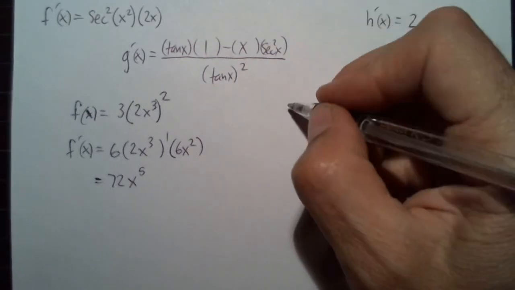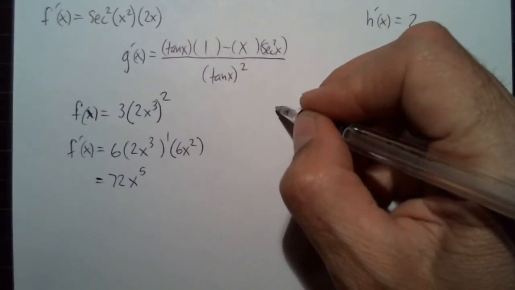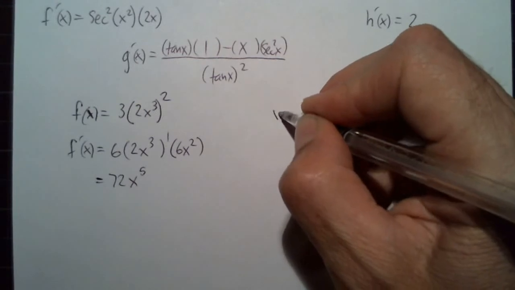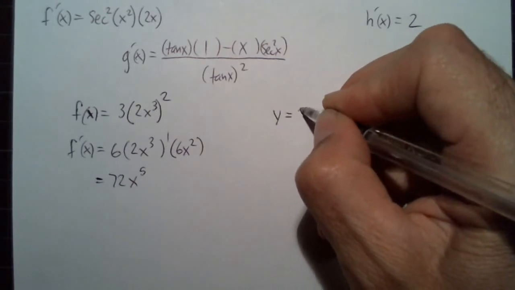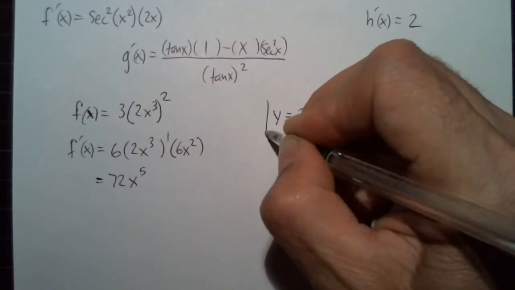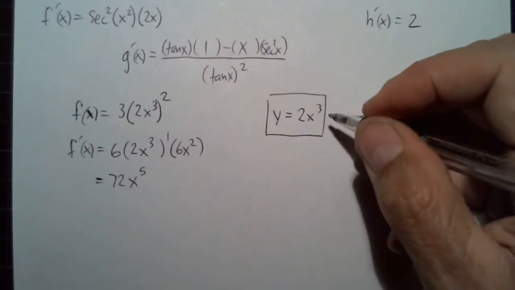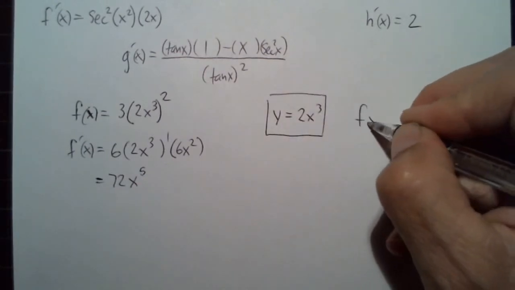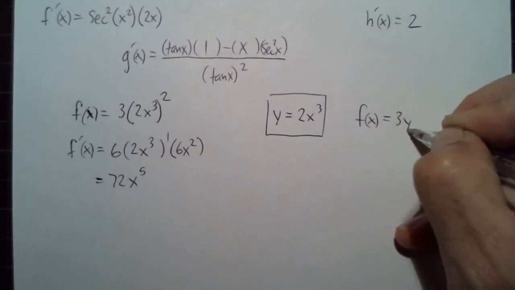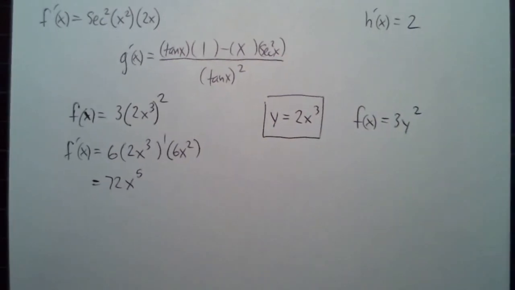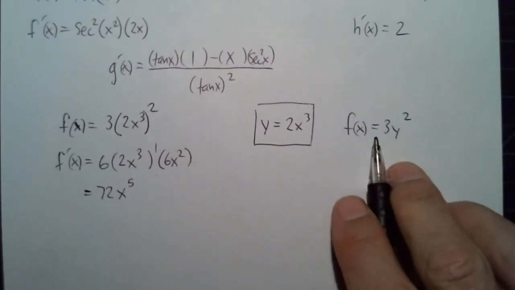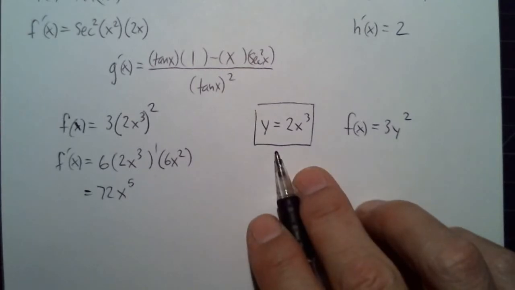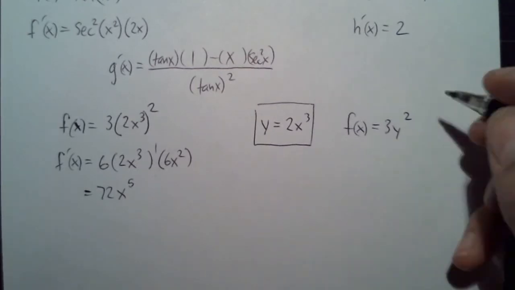All right, now what if the value of y was hidden in a box? We don't know the value of y, but we had f of x equals 3y squared. So this is all we can see, and we can't see what y equals. So what would we do here?